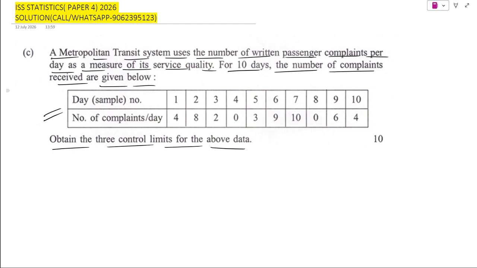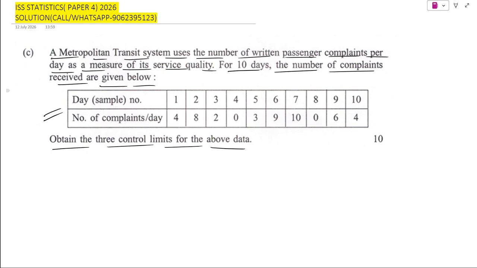Counting defects or complaints will be the attribute control charts. Constant inspection unit is the C chart, and different inspection units will be the U chart. Since every observation here is one day's complaints, the inspection unit is the same. So hence C chart is the correct choice.